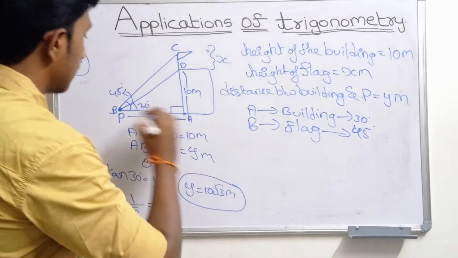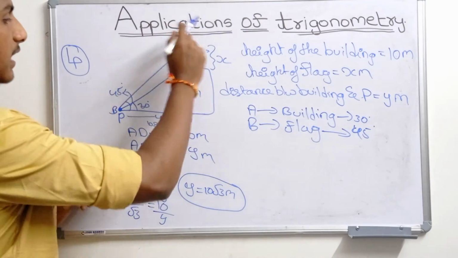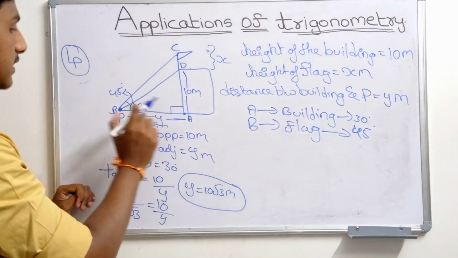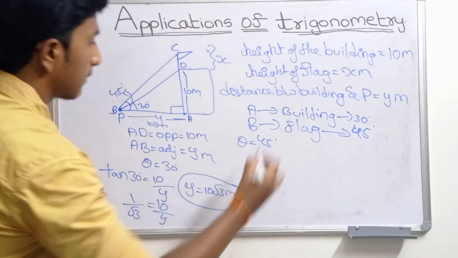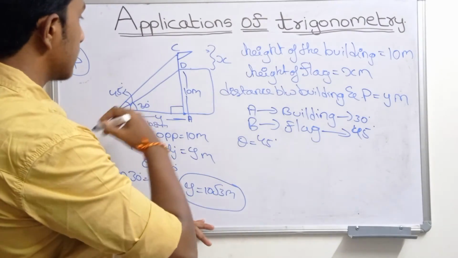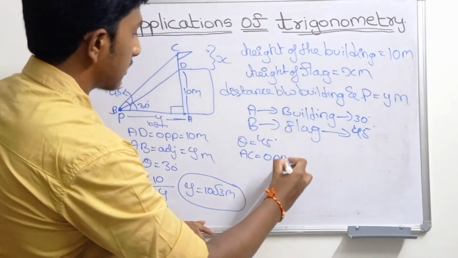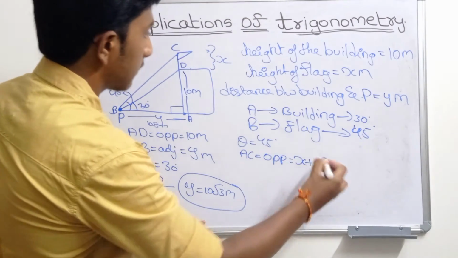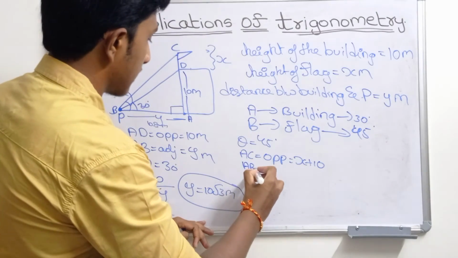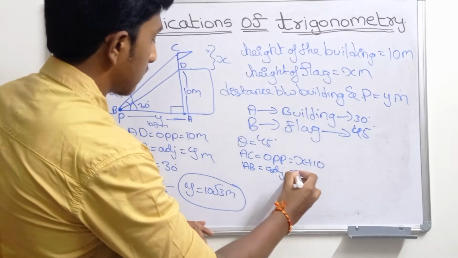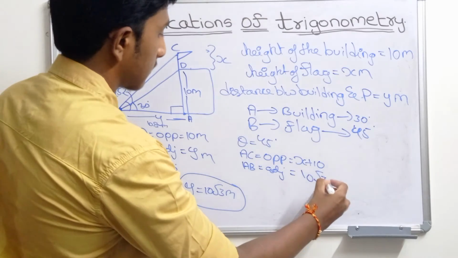Same here, the opposite is required, because we can take this completely as x plus 10, and here we have the adjacent. Theta is equal to 45 degrees, and the opposite is the complete AC, that is equal to x plus 10, and AB is the adjacent, which is equal to 10 root 3 meters.